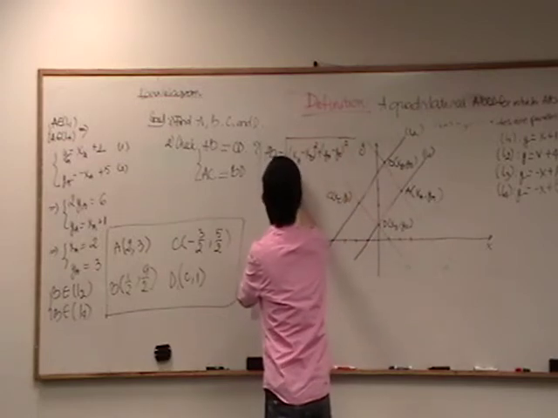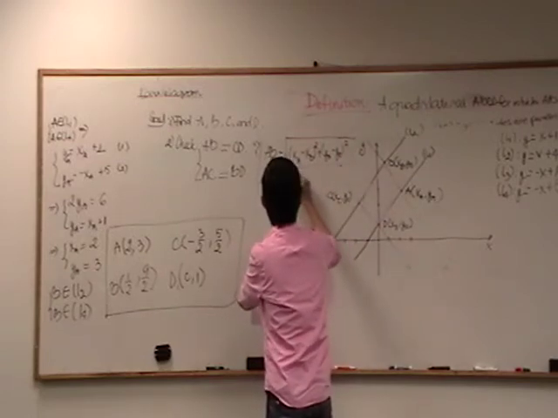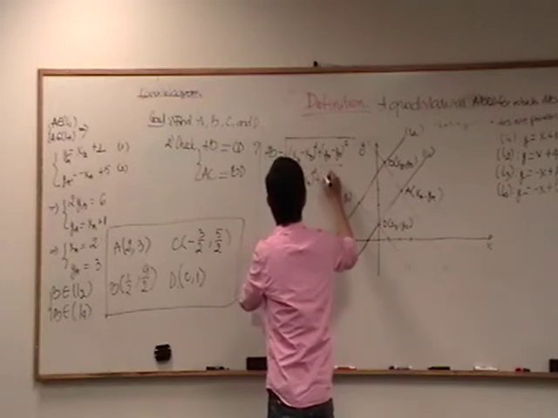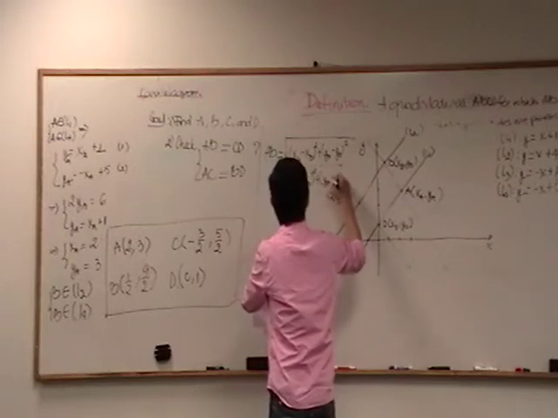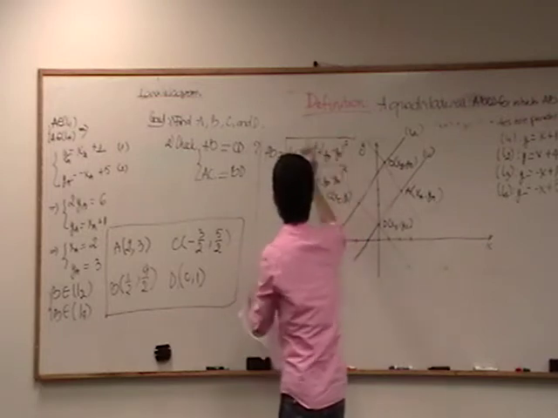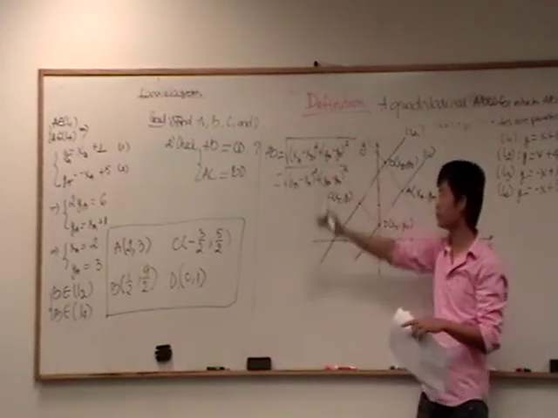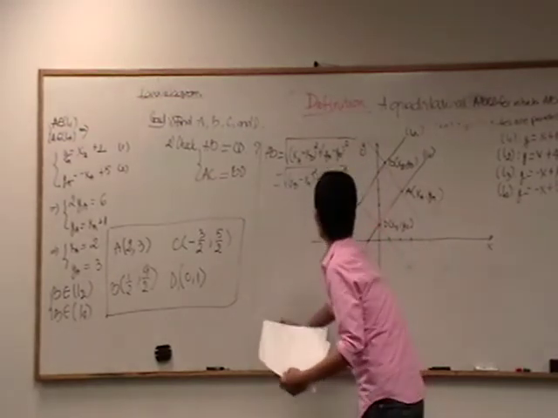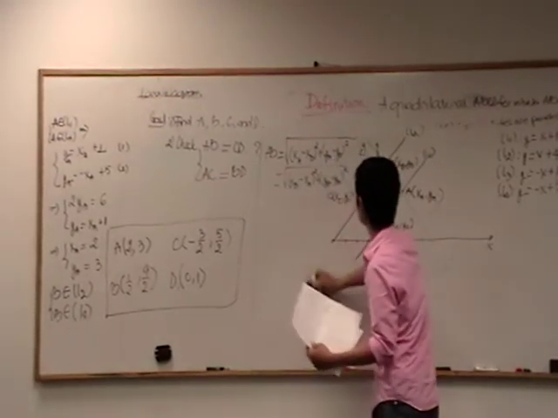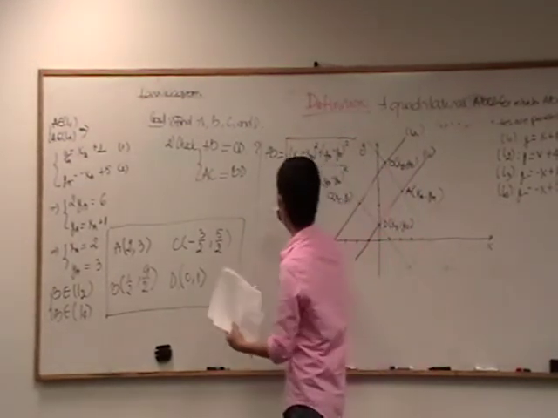Or you can write XB minus XA squared plus YB minus YA squared. It doesn't matter because you have squares. That's true. And we normally call that the distance formula. Yes, right, I forgot. Distance.